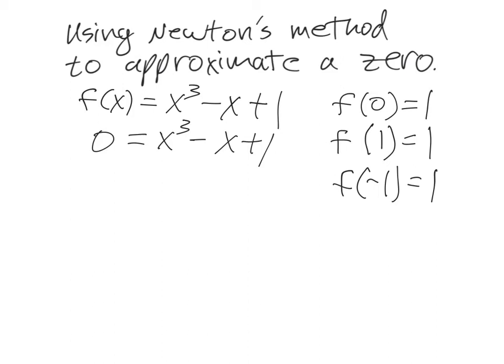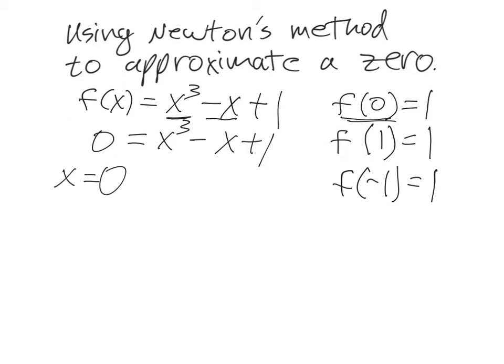Some of the functions we work with, 0 might be a better choice, 1 might be a better choice. Wait, f of negative 1, it's negative 1, isn't it? F of negative 1 is positive 1. Does that make sense? Negative 1 minus negative 1 would be plus 1, and then plus another 1. Oh, okay, I see that. So when something like this happens, probably the middle one would be a good one to choose.